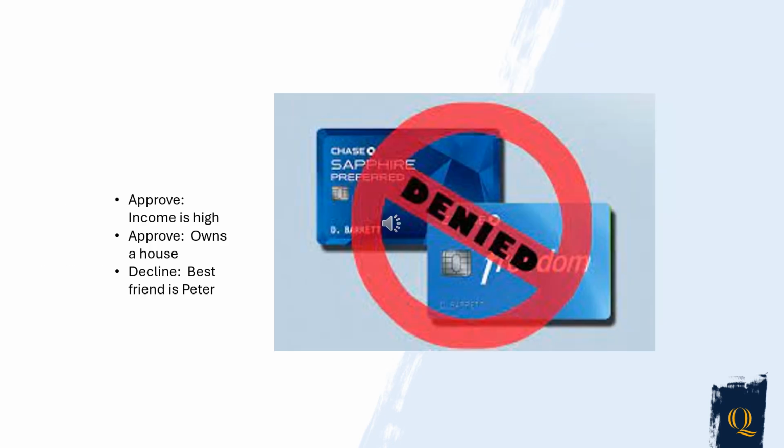Look at this scenario. What happens if Peter is a gambler? Could that influence the bank's decision? In this case, if Peter's gambling habits are linked to your financial behavior, such as if you co-signed a loan with him or shared financial accounts, then it could indeed impact the model's decision.